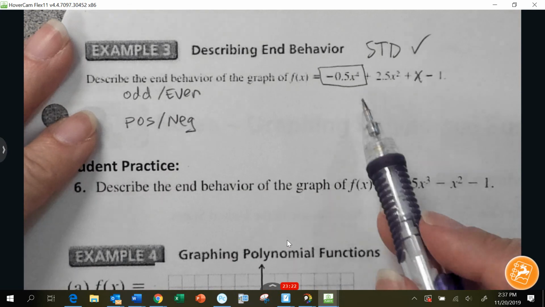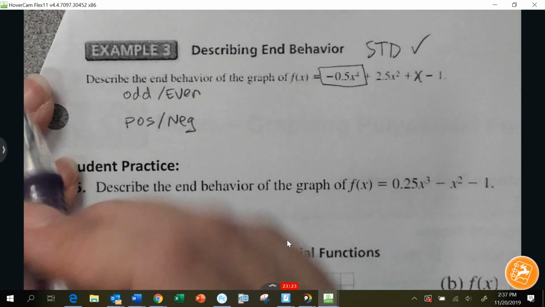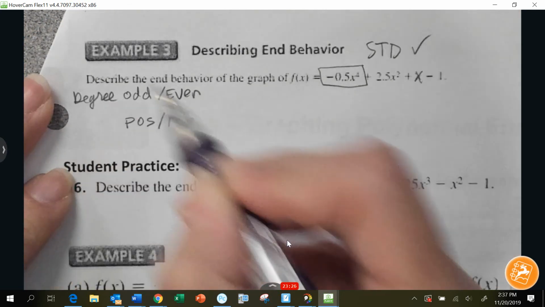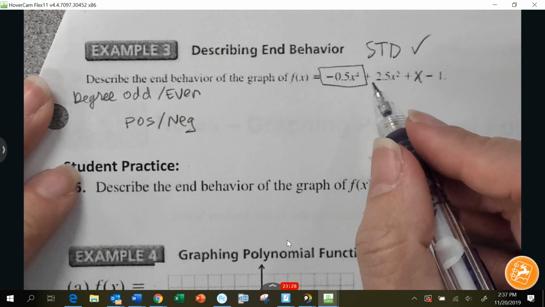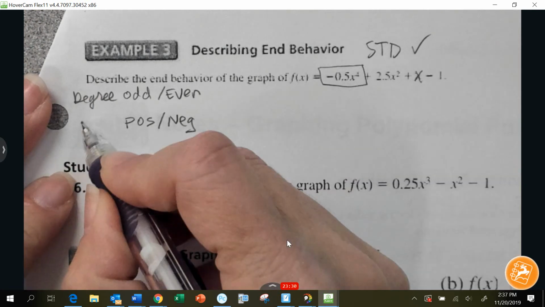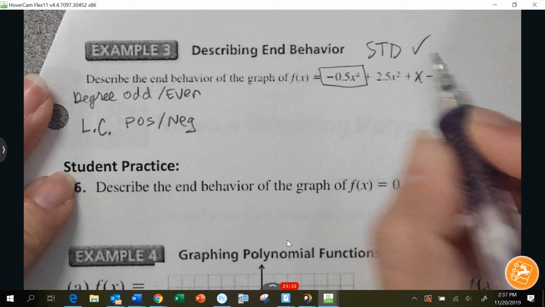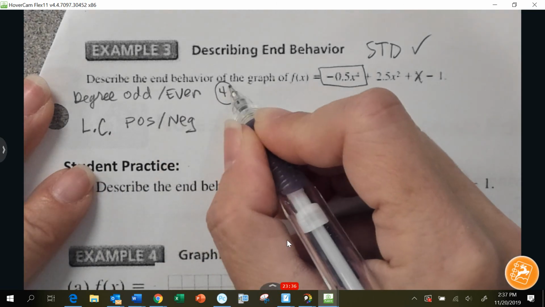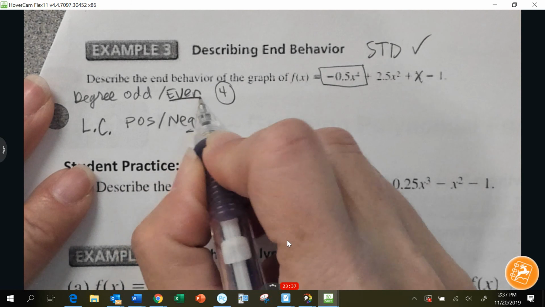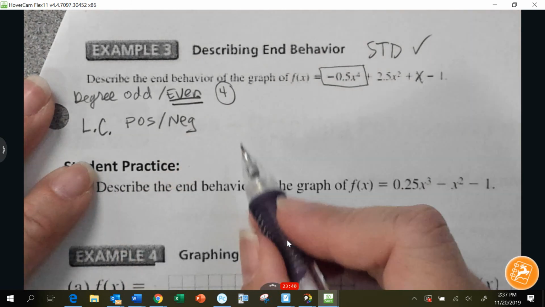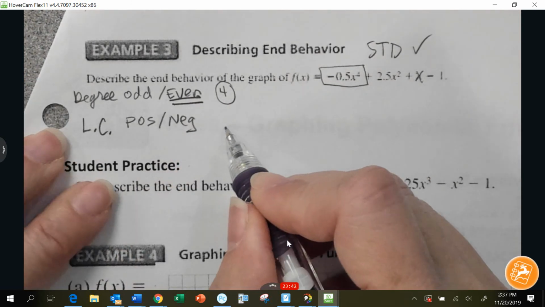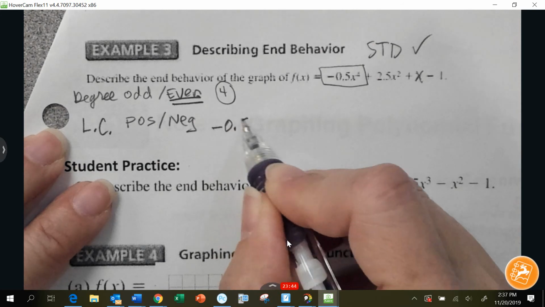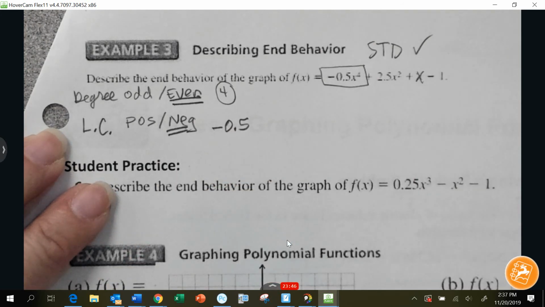So this has a degree of what? Okay, that is not the degree, that is the leading coefficient. So the degree is 4, which means it is even, right? What is the leading coefficient? Negative 0.5, which means it is negative.